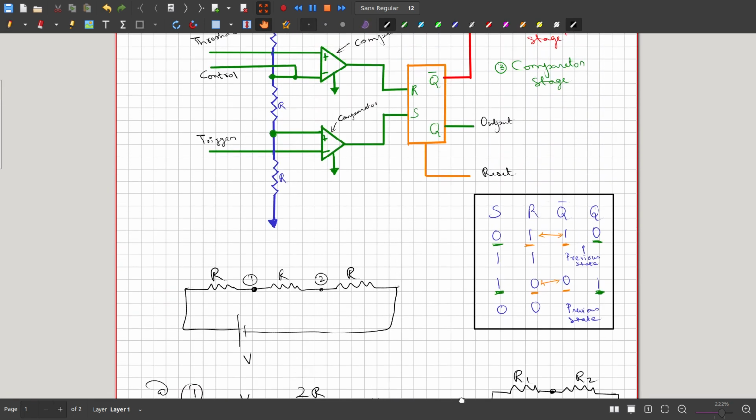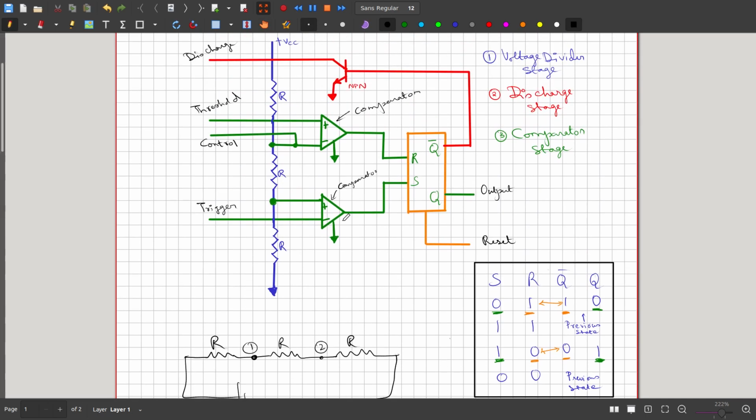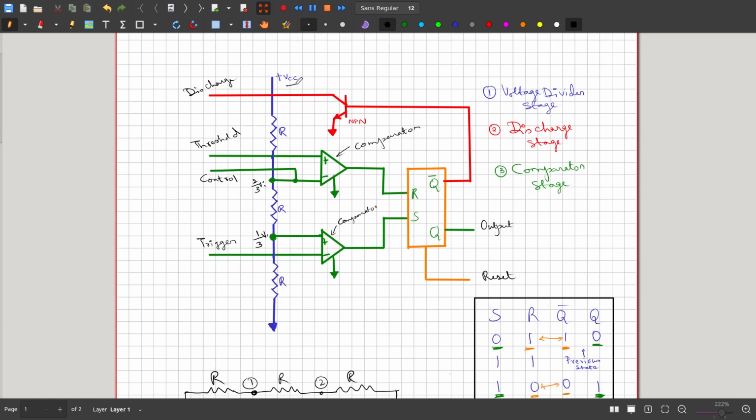So this point is 1 by 3 V, and here it is 2 by 3 V in, or VCC, this voltage.